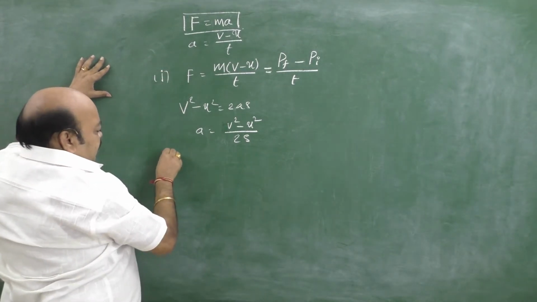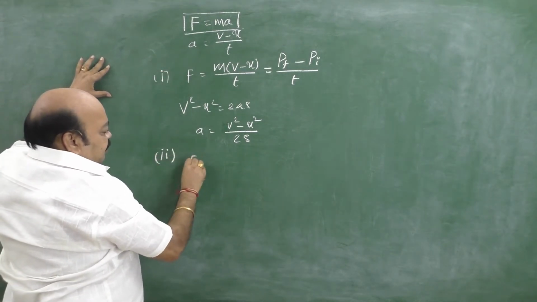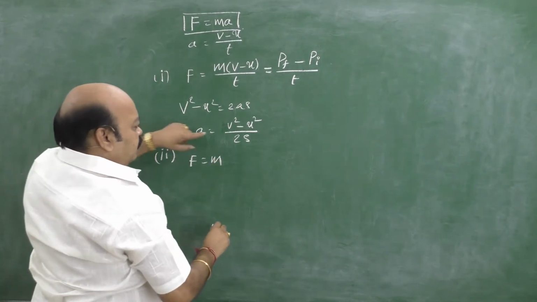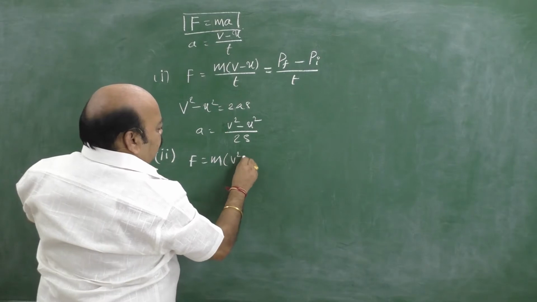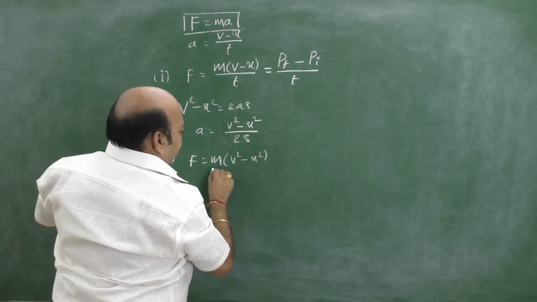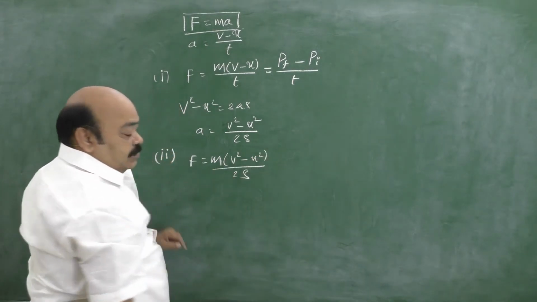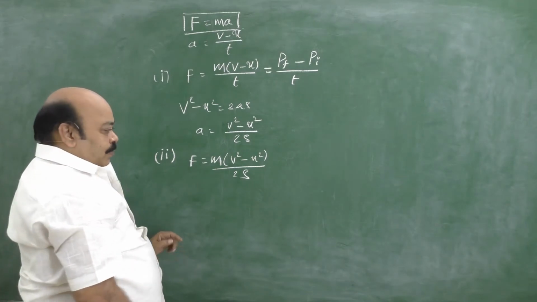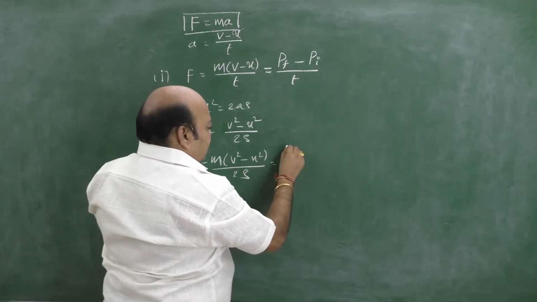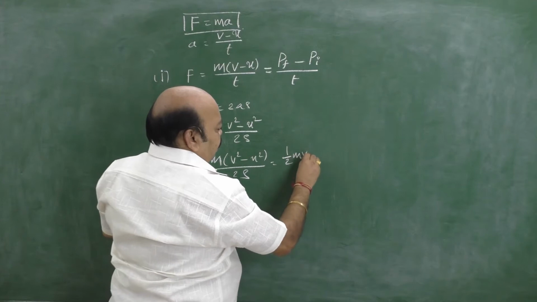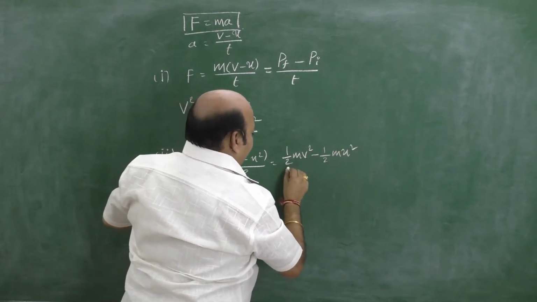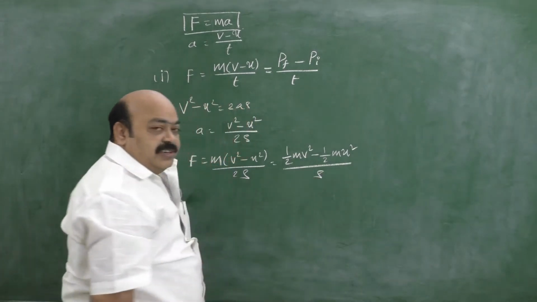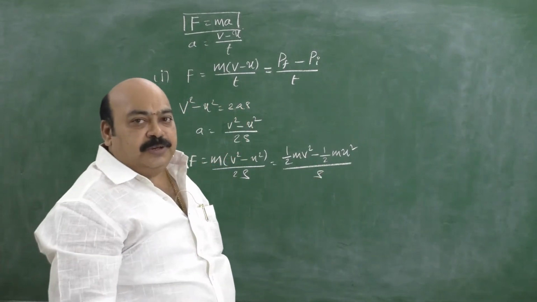Let us consider this as the second case. F is equal to m into (V square minus U square) by 2s. Very comfortably, we can write this as (half mV square minus half mU square) divided by s, where s is the distance travelled by the body in the stipulated time.